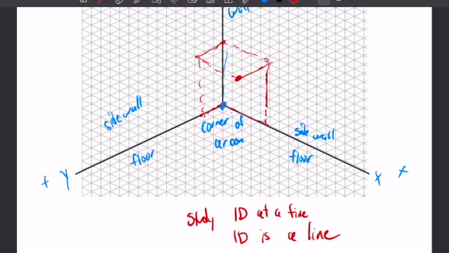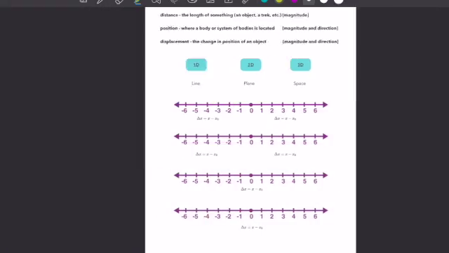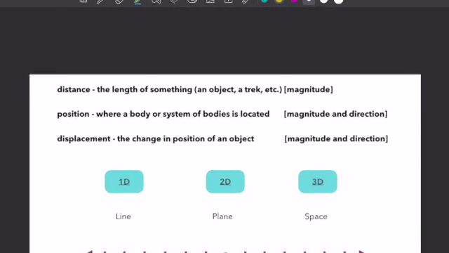It's somewhere along a line. Our line could be along the y-axis. It could be along the x-axis. It could be at this value. It could be at this value. But we describe the motion in terms of a line. And we'll see a little more clearly in the examples we have on this page.